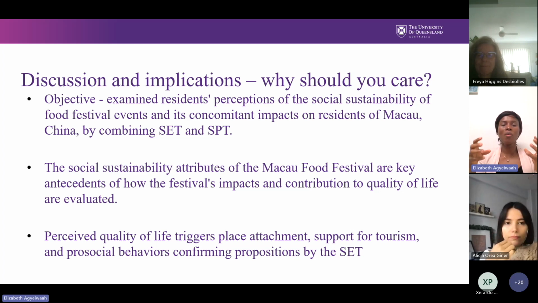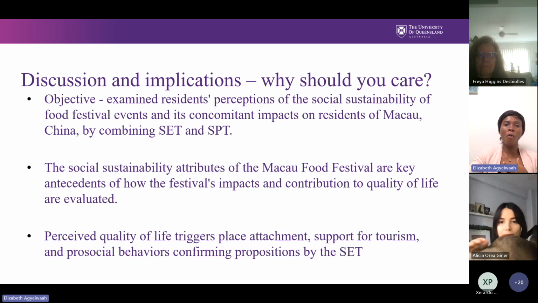So they are just looking at whether the festival is very culturally authentic, if it has social interactions. They put all these two together to inform themselves of how they will benefit in terms of quality of life.